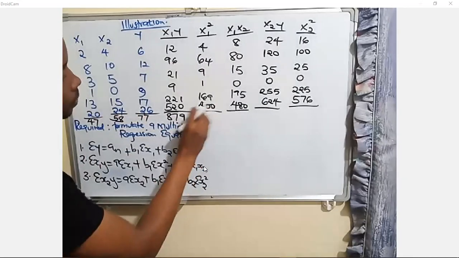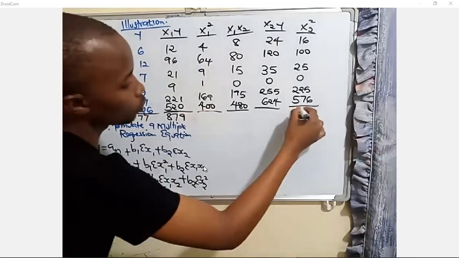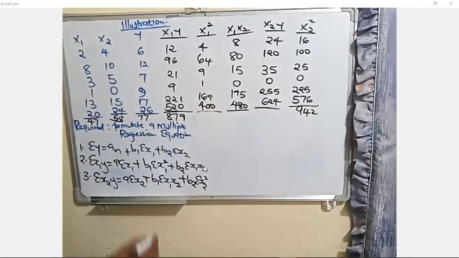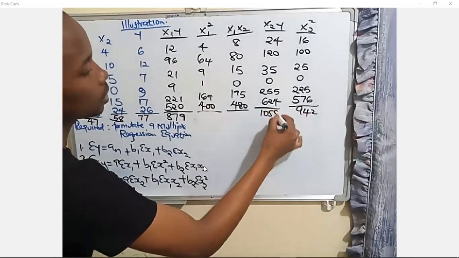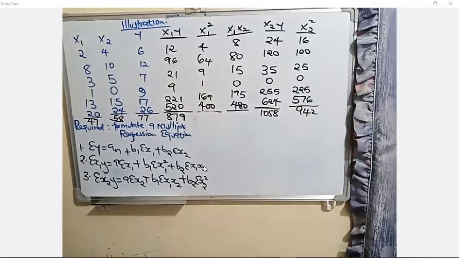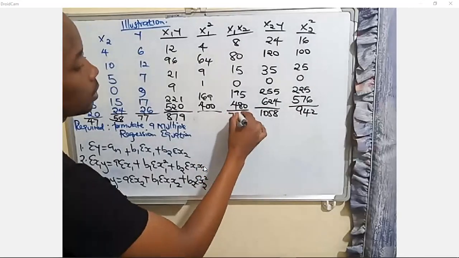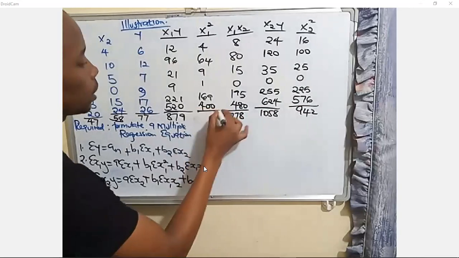Second last, 1058. Then 778 for x1x2. Then the x1 squared.